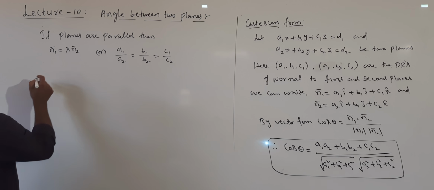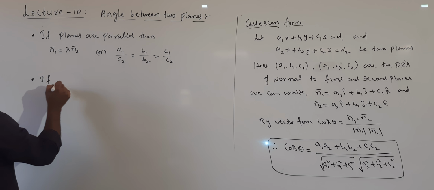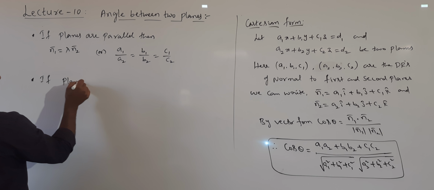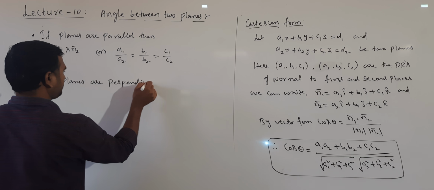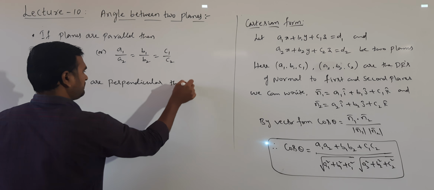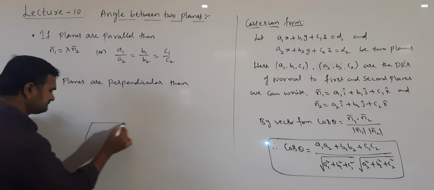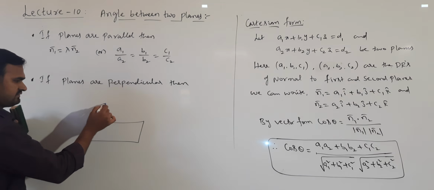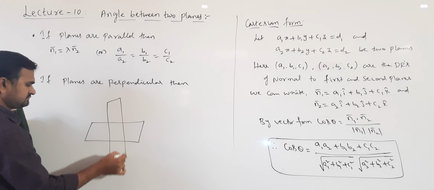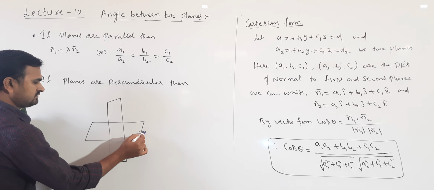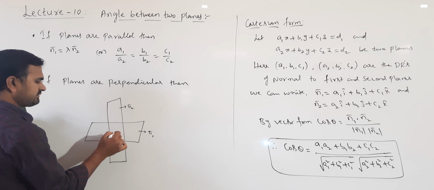Next, if planes are perpendicular, suppose this is the first plane and we take the second plane like this, pi 1 and pi 2, these are perpendicular.